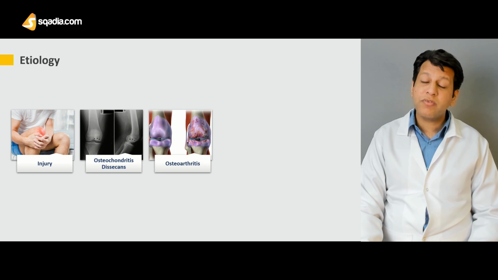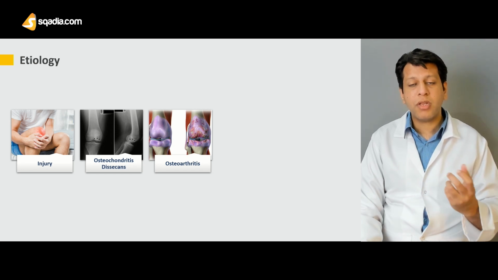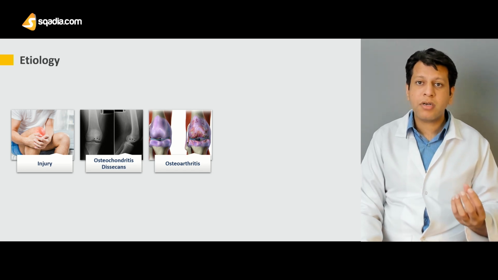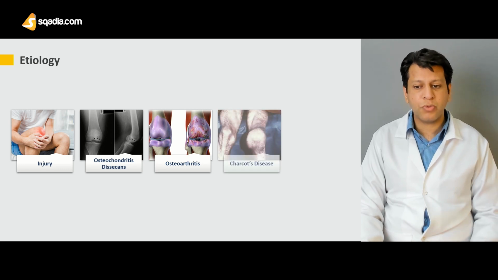Or it could be associated with osteoarthritis. Why? Because once osteophytes form, there is every possibility that a large osteophyte may break up, or shed off some part, and eventually go in as a freely floating loose body into the joint.